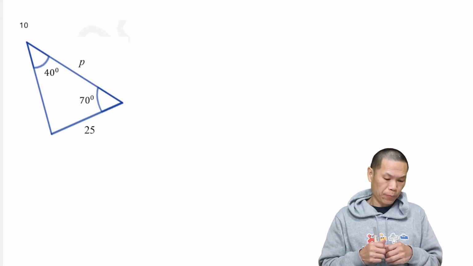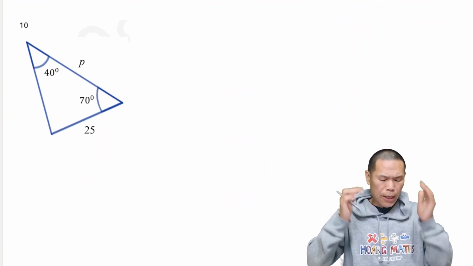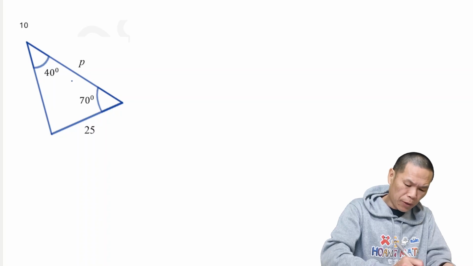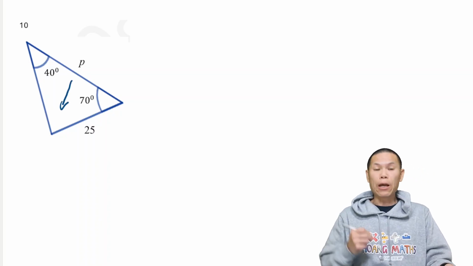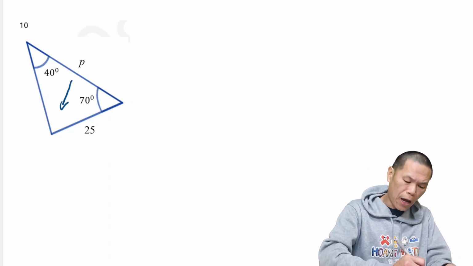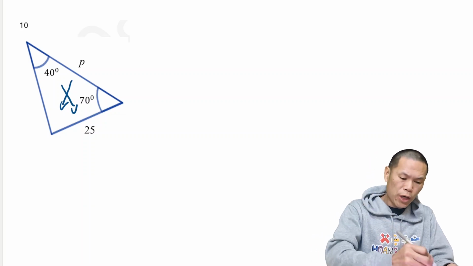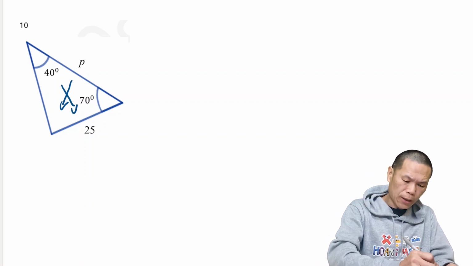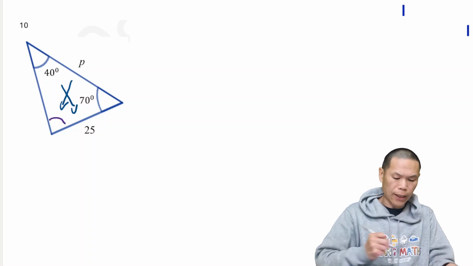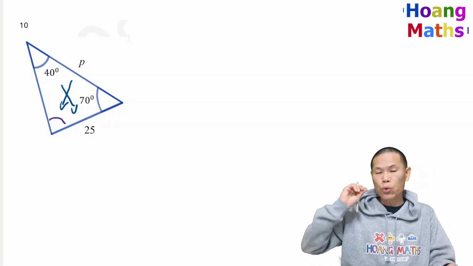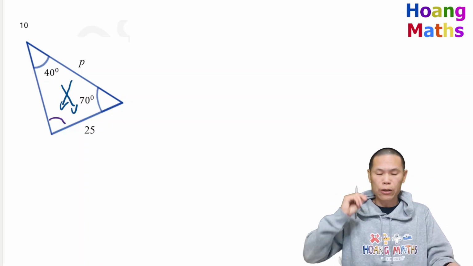Question number 10. So we know that P is opposite of this angle here, and we have 25 is opposite of this angle. So therefore, we need to find this angle first, okay? Otherwise, we will have two unknown values and we can't do that.